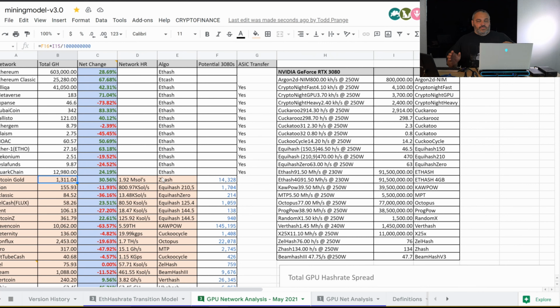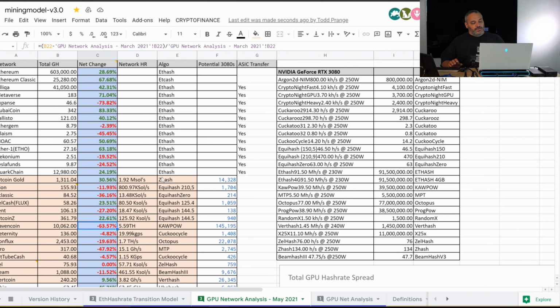It gives us a baseline. While there's the equivalent of 14,000 3080s on Bitcoin Gold, if that hash rate was to come over, it would only equal about 1.3 terahash of size. That's what each of these is doing, converting it.